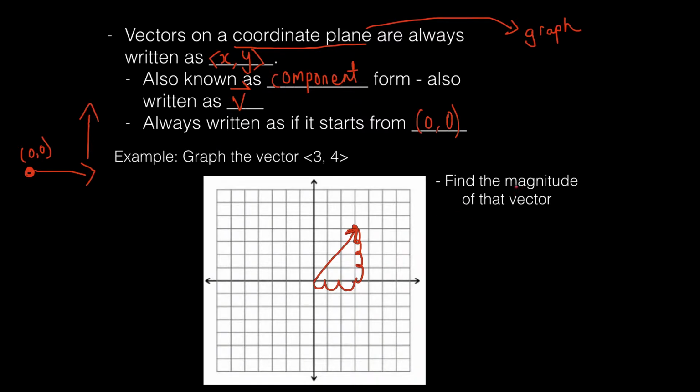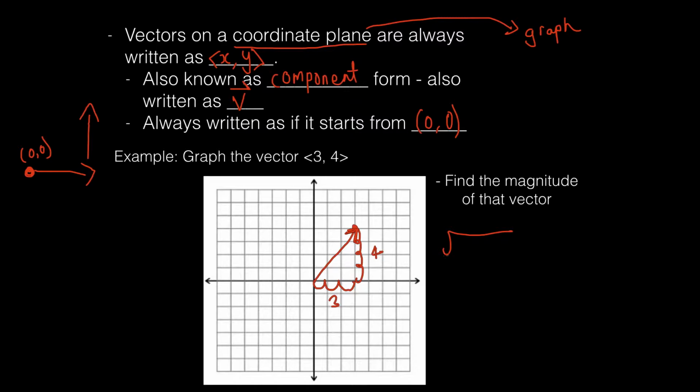But now what if we had to find the magnitude of that vector, or the size of the vector? That would be a little bit more complicated, but it's not that hard. You know it's gone 3 units to the right, and you know it's gone 4 units up. So now you can just use the Pythagorean theorem and solve for this side.